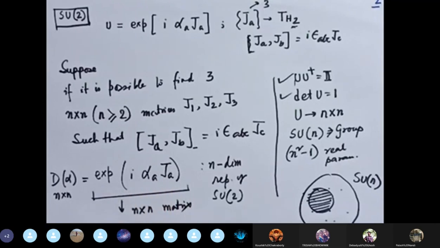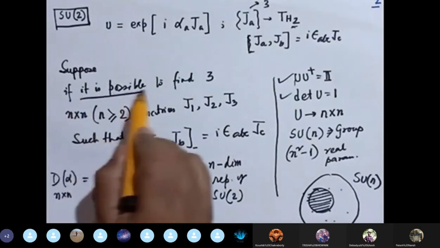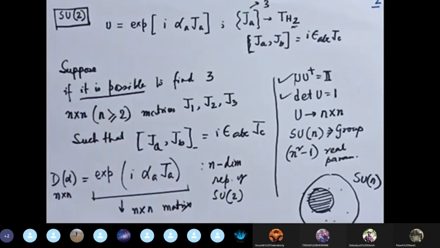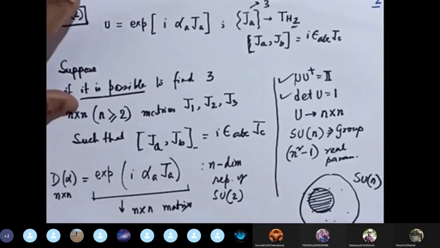So now the question is whether it is possible to get a higher dimensional set of matrices which satisfy the same Lie algebra of SU2. Clear? So that we are going to find out.